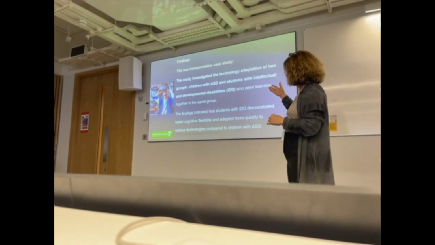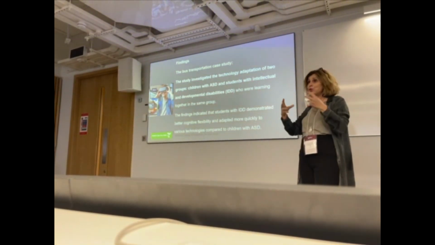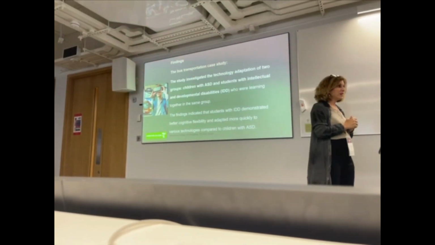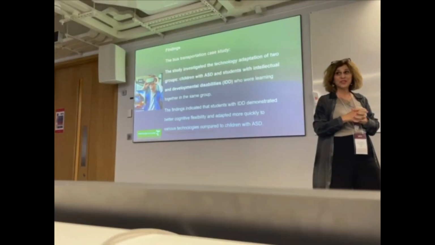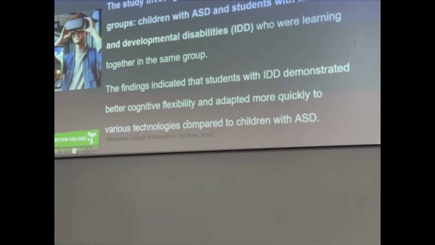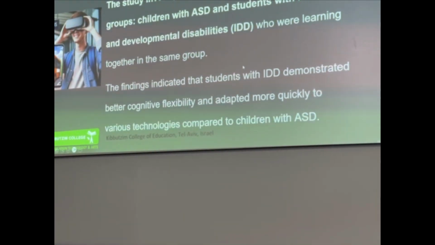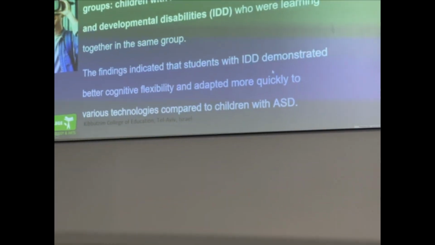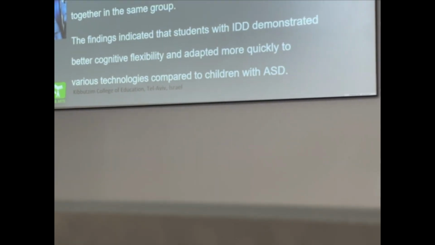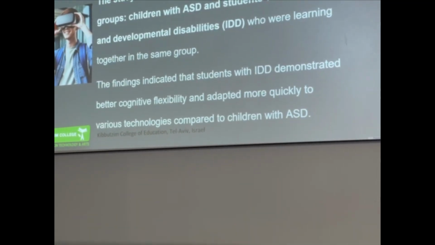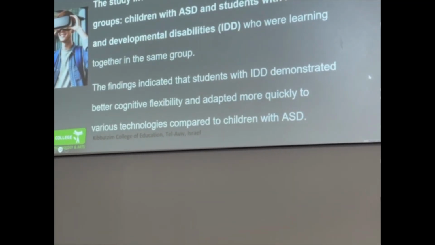Other students with developmental disability took the iPad and just looked around the movie, so it was very interesting to see that. So what we saw in this research, that the students with IDD demonstrated better cognitive flexibility and adapted more quickly to the various technology compared to the children with ASD.